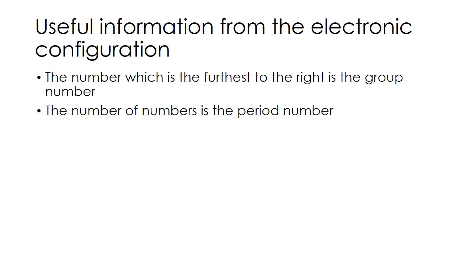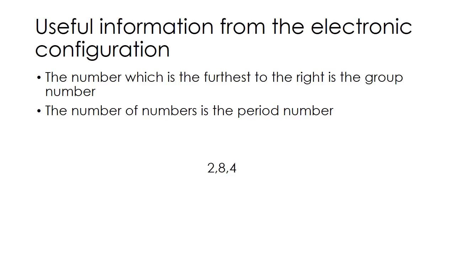We do get some useful information from the electron configuration, which you may have covered at GCSE. If we're talking about shorthand notation, if you've got something like 2, 8, 7, the number which is the furthest to the right is the group number, and the number of numbers is the period number. So let's look at an example.